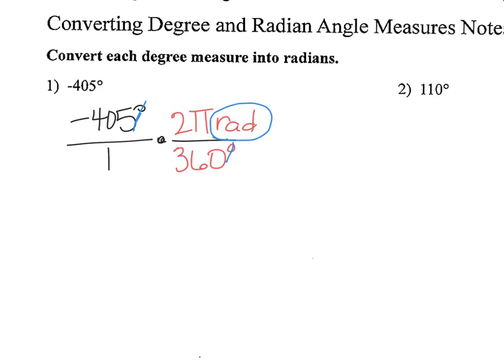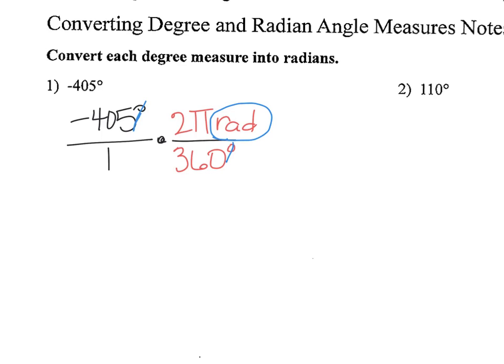In radians then, in your calculator, you ready? You're going to put negative 405 times 2, leave the pi alone. So negative 405 times 2 divided by 360. Then hit the math key and do a math frac.